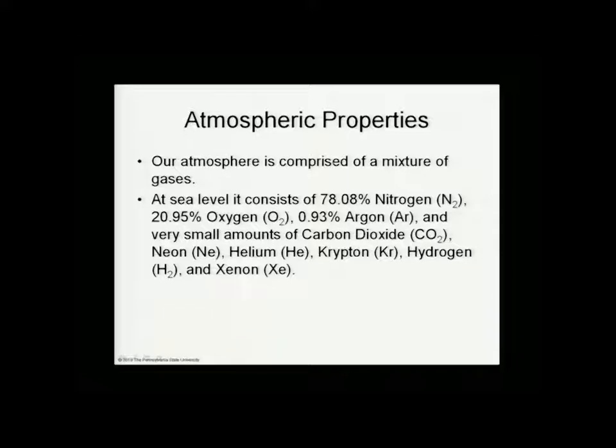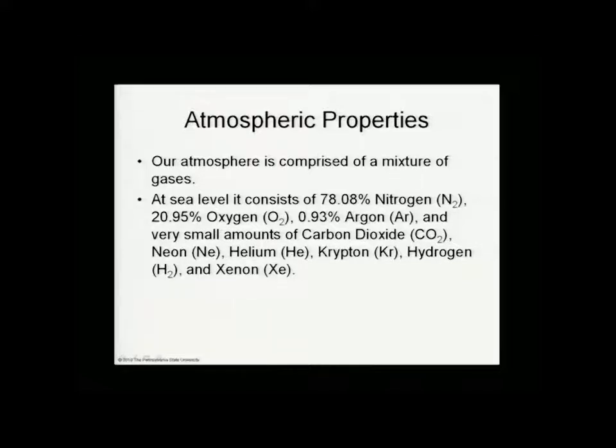Our atmosphere has all kinds of gases in it. The standard composition at sea level is about 78% nitrogen, 21% oxygen, argon about 1%, and then carbon dioxide, neon, helium, krypton, hydrogen, and xenon.